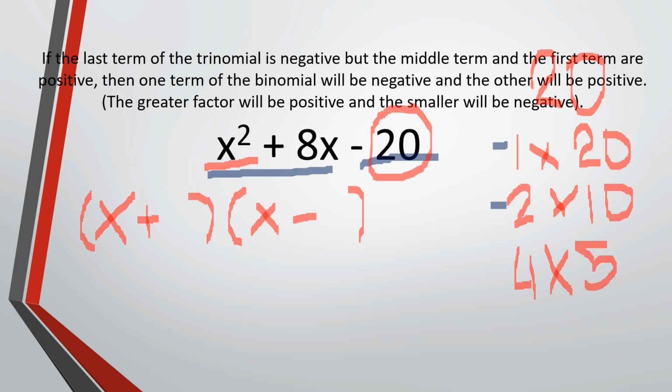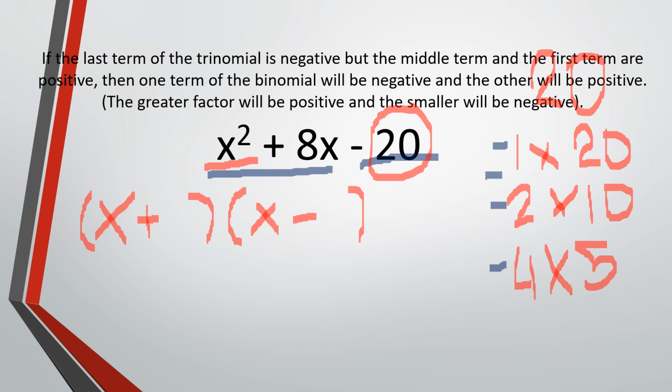And the smaller factor is 4, so we'll make it negative. We also have 5 and 4, 10 and 2, 20 and 1. Again, the smaller number should be negative and the greater number should be positive.